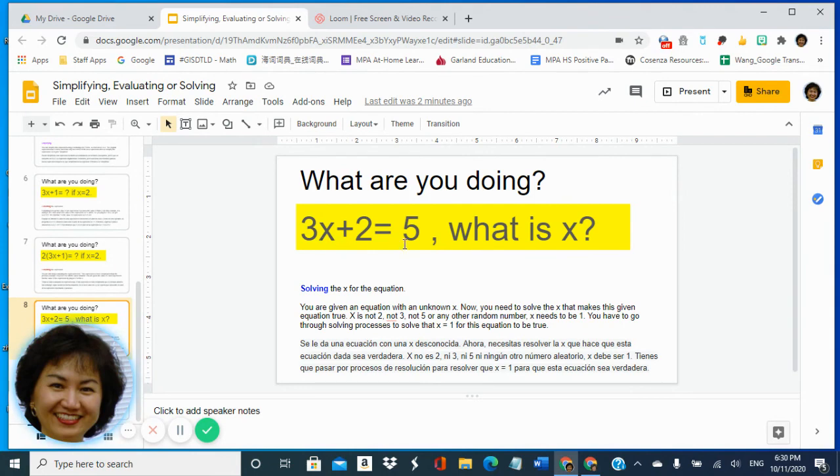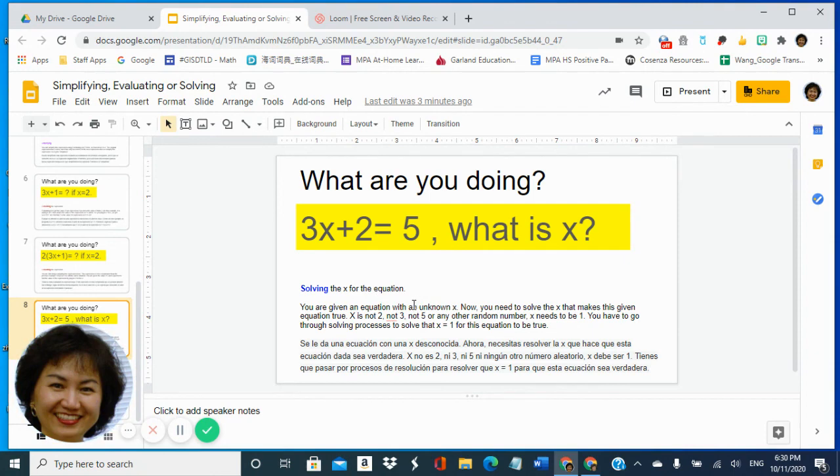Now look at this one. This one is different. It says 3x plus 2 equal to 5. What is x? This one, you did not know the x. You just know this expression itself equals to 5.